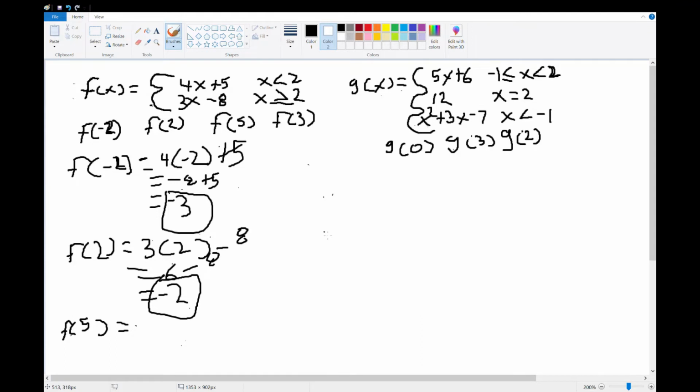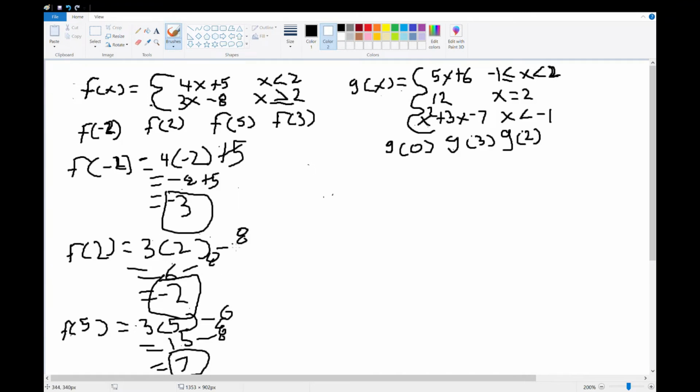That is true. So we need to use the bottom portion, 3x minus 8. We plug in x equals 5 because we're trying to evaluate f of 5. So this is 3 times 5 minus 8, which is 15 minus 8, which is 7. So that is f of 5.